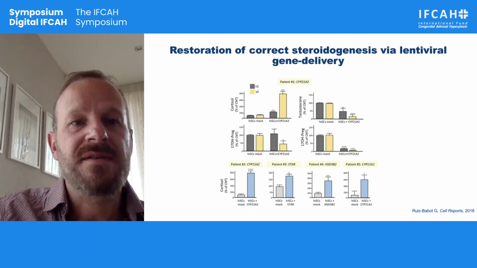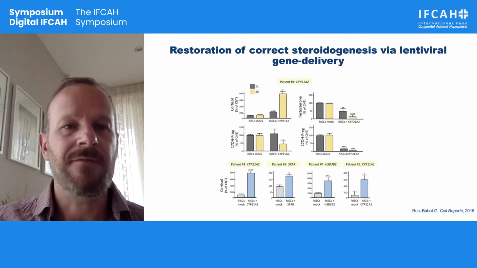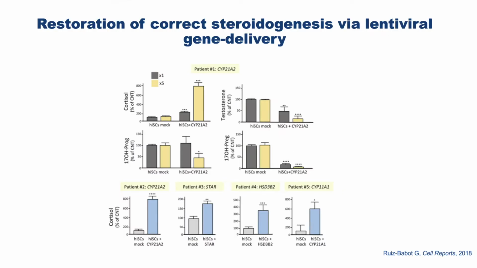And as you can see here, we have more detailed results for patient 1. If you deliver CYP21 enzyme, you have an increase in cortisol secretion, which is multiplicity of infection dependent, concomitantly with a reduction of, for example, 17-hydroxyprogesterone and pregnenolone.